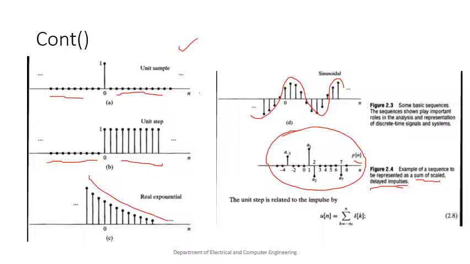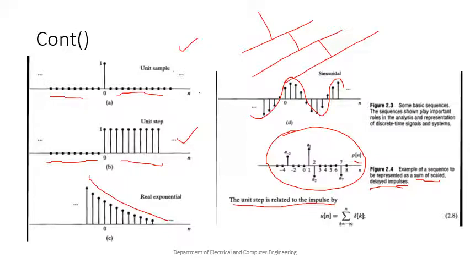Anyways, the next thing that is important to talk about is how the unit step is related to the unit impulse. We know how we can obtain the unit step using the unit sample. If we have many unit samples, and we add them, we are going to obtain the unit step.